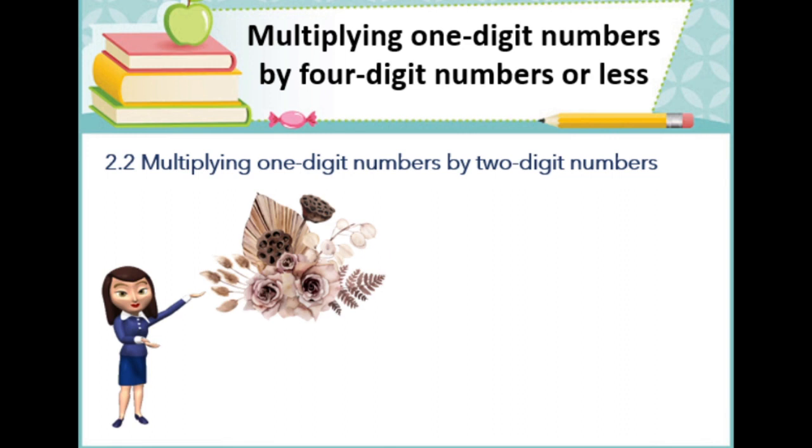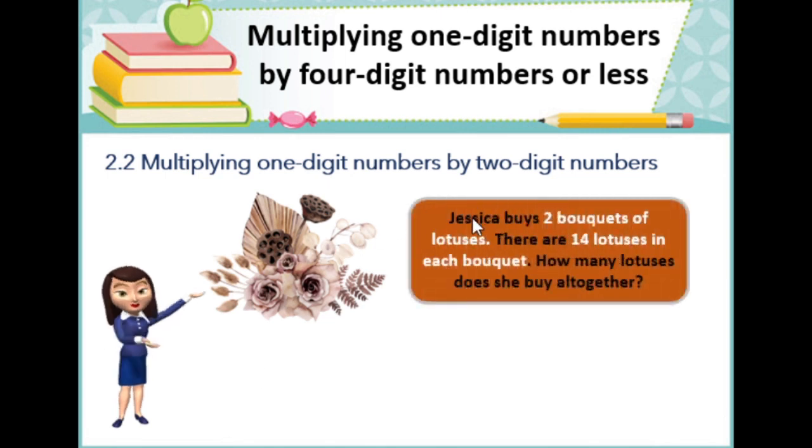the problem is this. Jessica buys 2 bouquets of lotuses. There are 14 lotuses in each bouquet. How many lotuses does she buy all together?